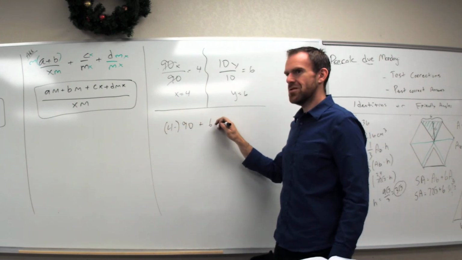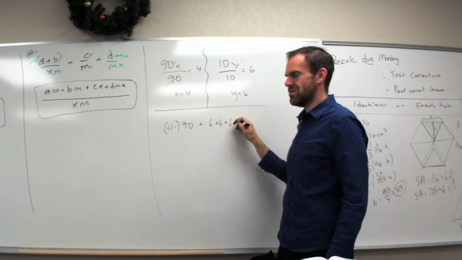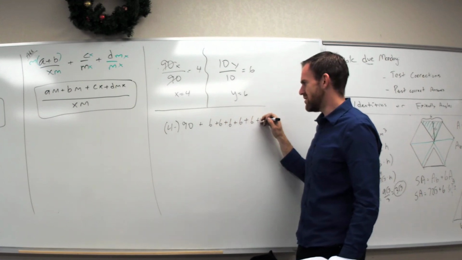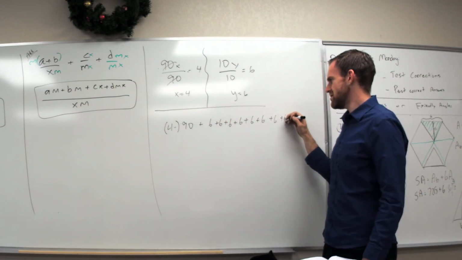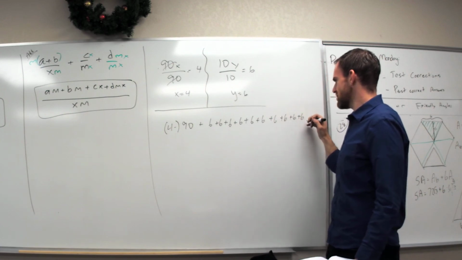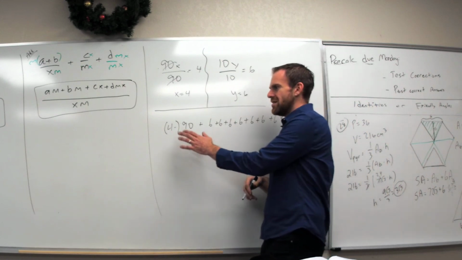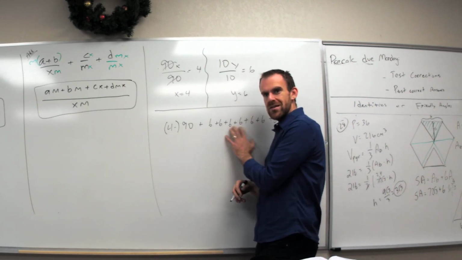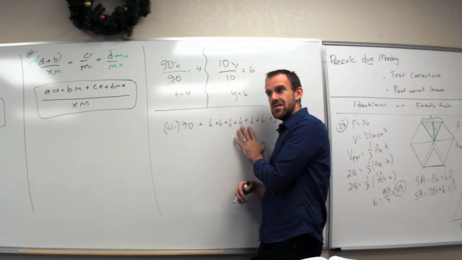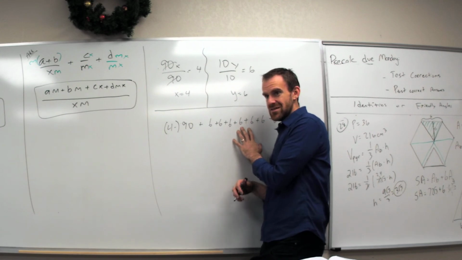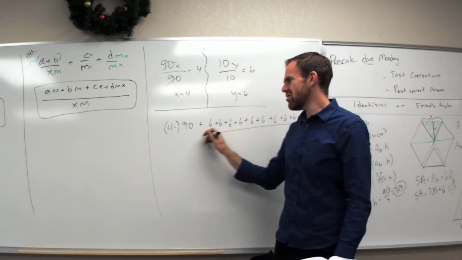Plus 6, plus 6, plus 6, and so on. Right? There's 10. The first 90 numbers was 4. The next 10 was 6. So, how many numbers do I have total?